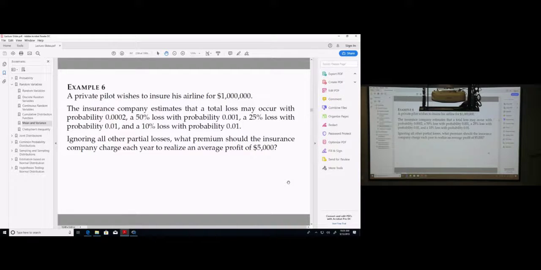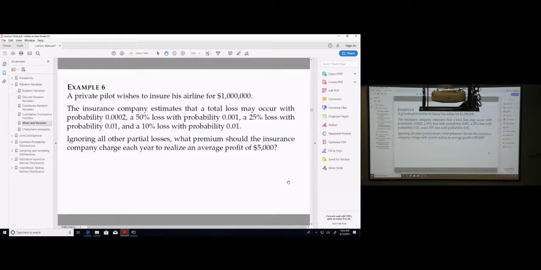All right. Now this is another example. A private pilot wishes to insure his airline for $1 million. The insurance company estimates a total loss may occur with this probability, 50% with certain probability, and so on and so forth. So the insurance company has to pay the claim from the pilot if there is such an accident.